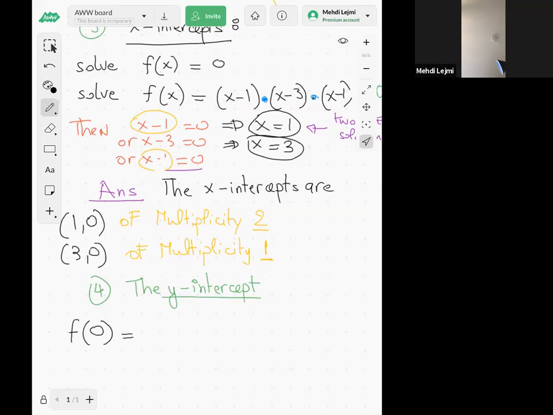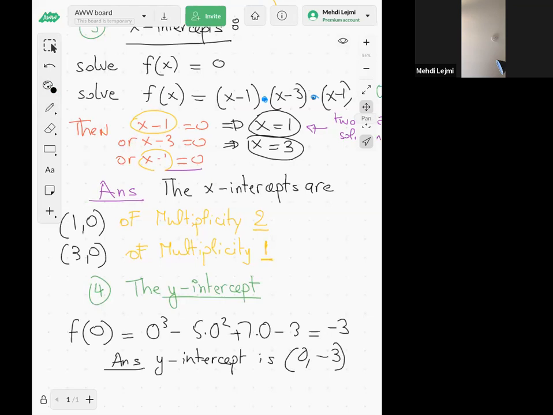So f of 0 would be just 0 cubed, minus 5 times 0 squared, plus 7 times 0, minus 3, so it's negative 3. So the answer here, the y-intercept, is just negative 3.